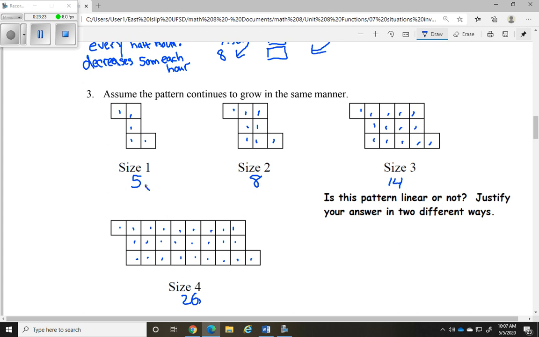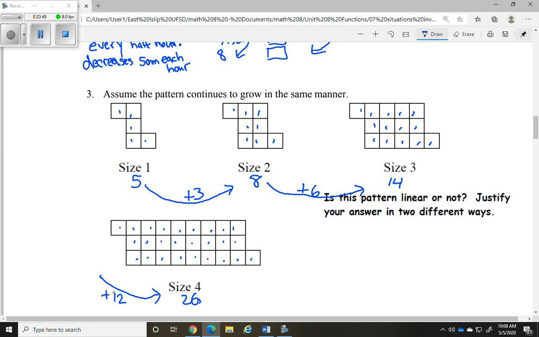From 5 to 8 blocks, it increased by 3. From 8 to 14 blocks, it increased by 6. From 14 to 26 blocks, it increased by 12.